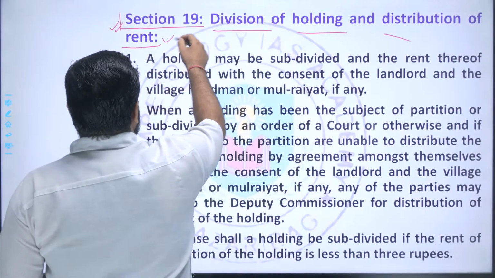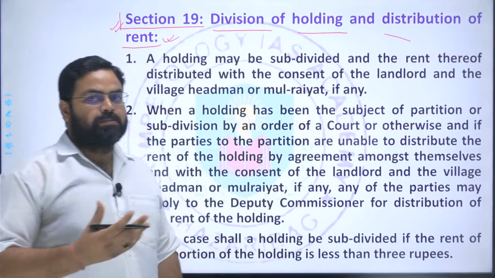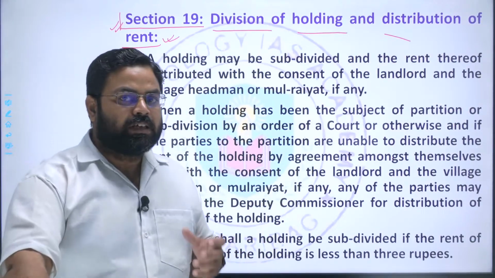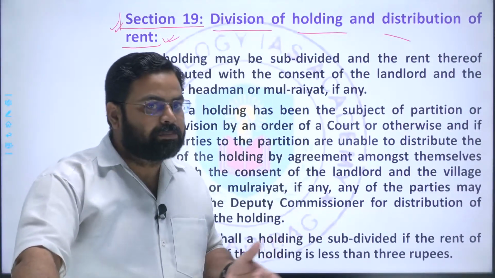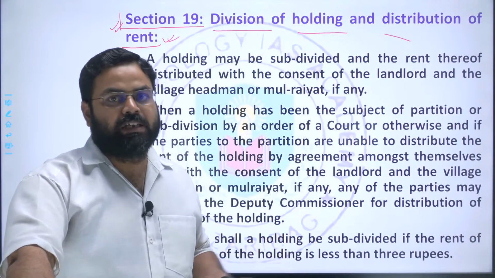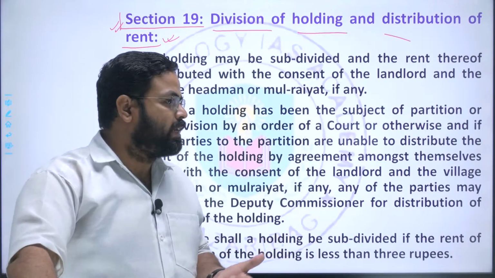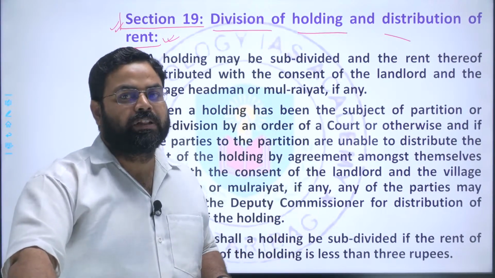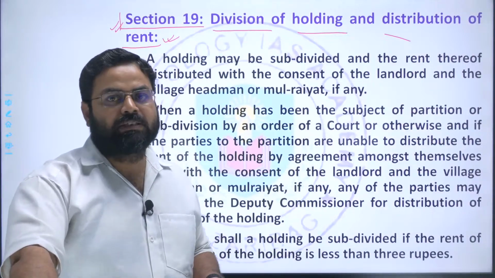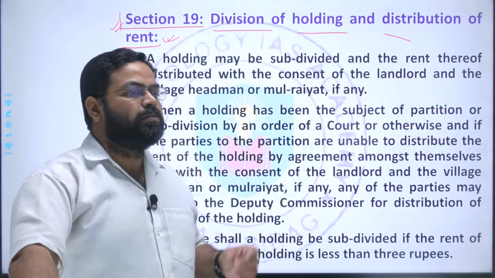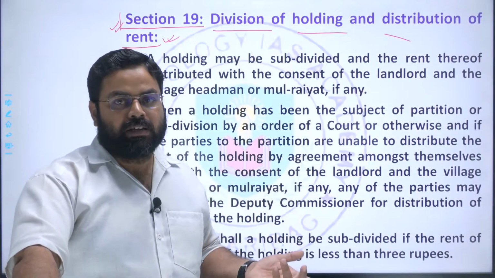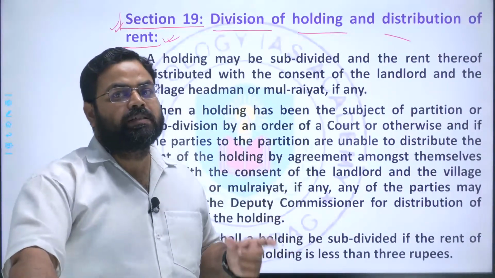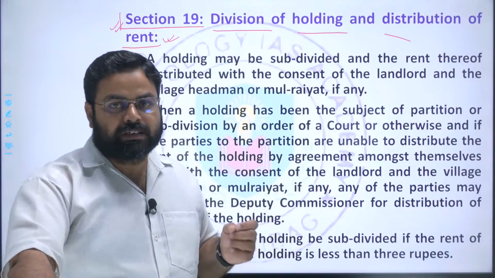In case a holding is being inherited by the successors of a person, by two or three sons of a farmer, a rayyat, then in such cases that holding will be divided between them according to the local customs and other things, as well as there will be division of the rent that will be payable by the successor rayyats, the sons of that rayyat.